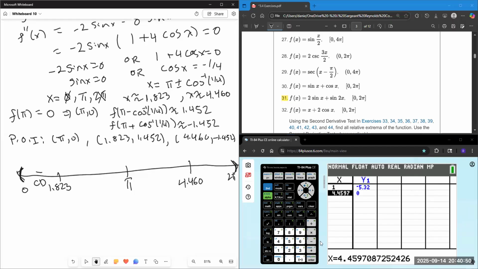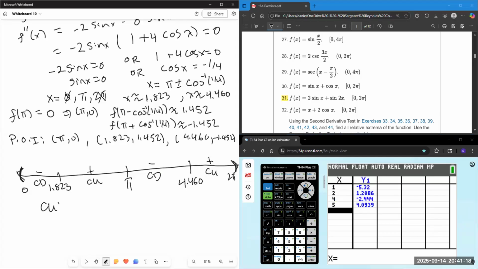Something between 1.8 and pi, I'll pick 2, and that's positive, concave up. Something between pi and 4.460, I'll pick 4, and that's negative, and concave down. Something between 4.460 and 2 pi, I'll pick 5, and that's positive, and concave up.